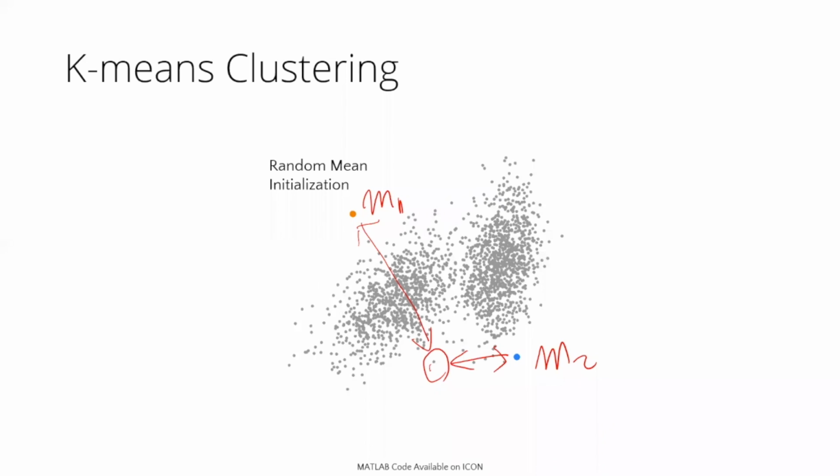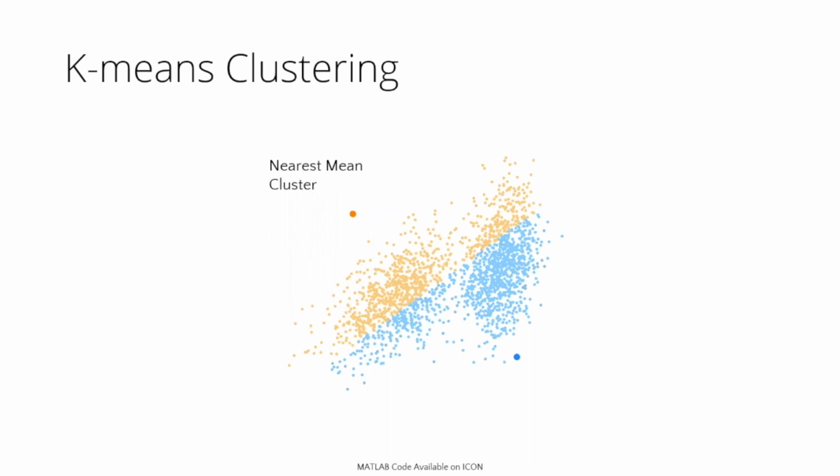If it is closer to M1, we color code this data point in orange. If it is closer to M2, we color code this point in blue. So as you can see, this particular point is closer to M2. If we pick a point over here, this is obviously closer to M1, so this one is going to be colored in orange. In fact, if I do this for all of the points in the data set, this is going to be the picture that I'll be getting.